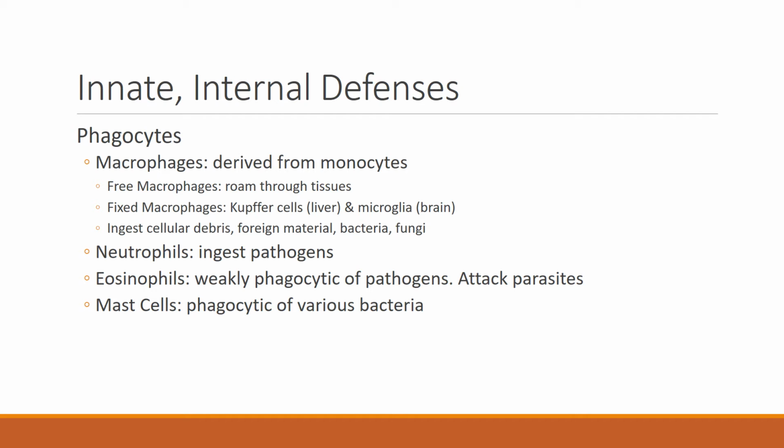And the last type of phagocytic cell that we have are mast cells, and these are found around connective tissue and are important because they also have a phagocytic ability to get rid of bacteria. And a big thing with them is that they also release histamine and other chemicals that are involved in the inflammatory process.